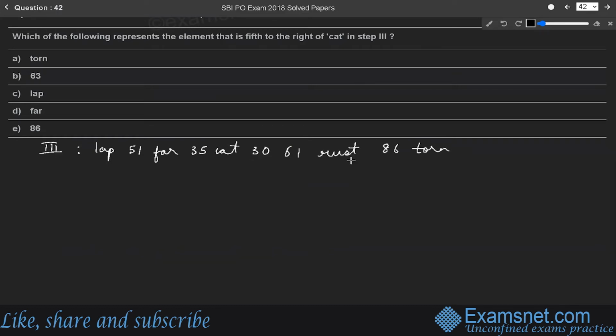Here we can see that the element that is fifth to the right of cat in step 3rd is torn. So we can say that the correct option will be option number A here, which is torn.